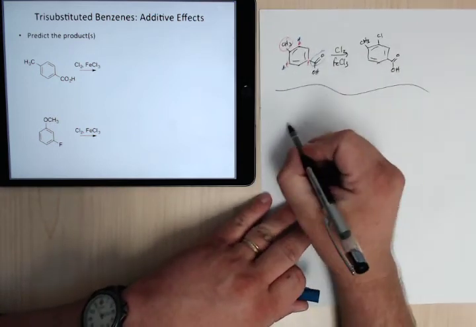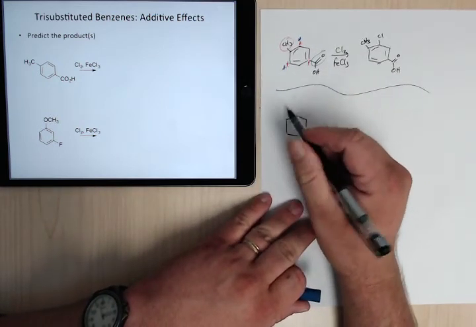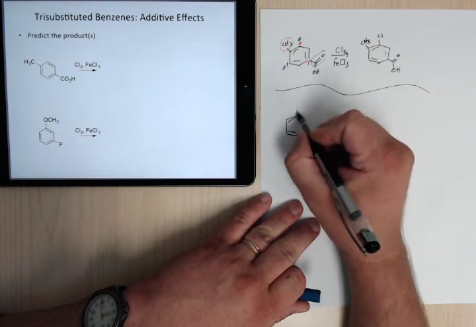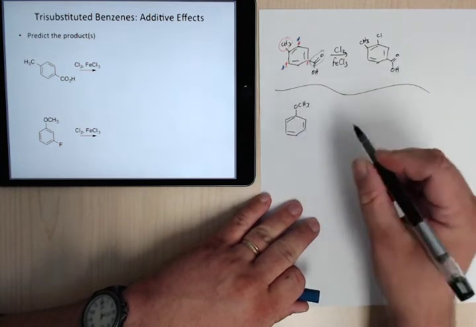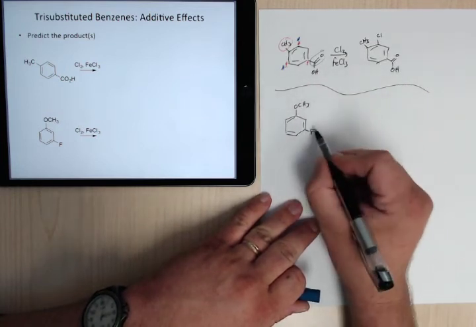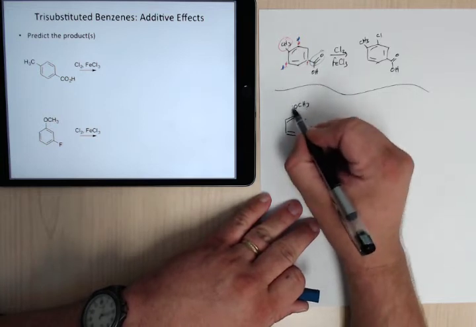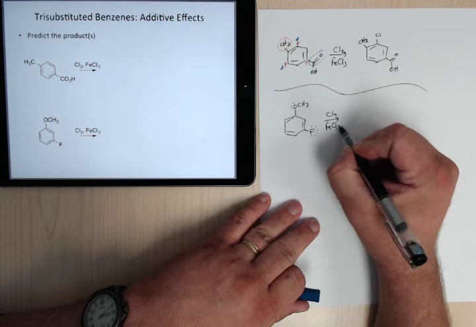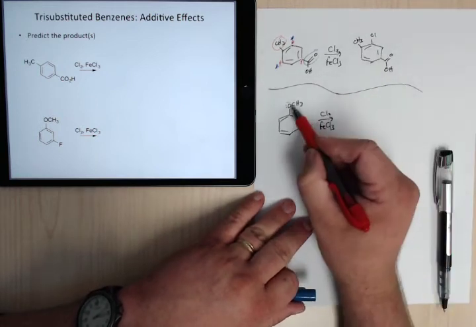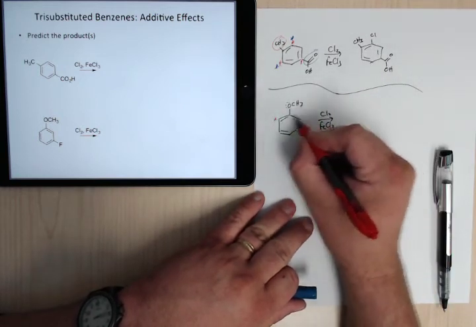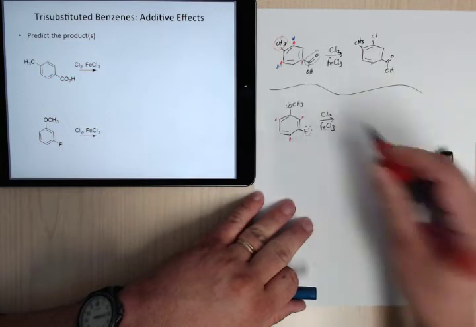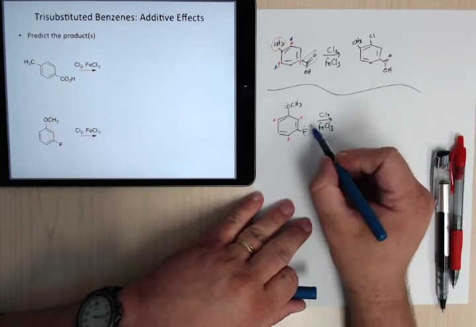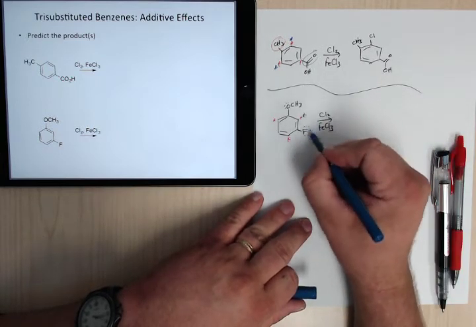Now for this one, remember you've got lone pairs here. So chlorine, FeCl3. Again, this is ortho-para. Now for this one, this is also ortho-para.